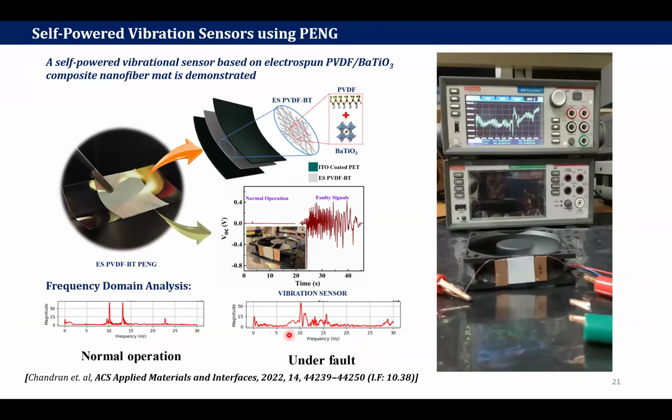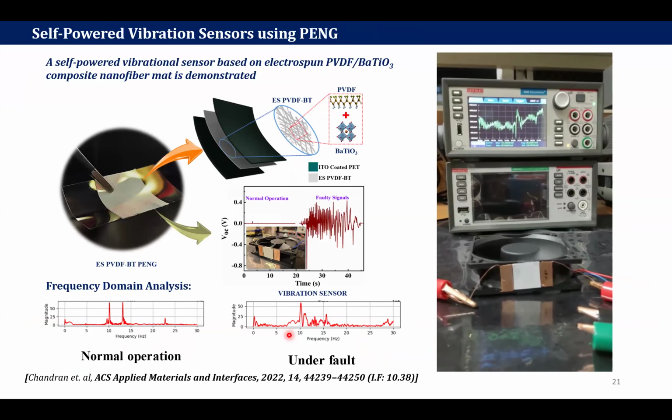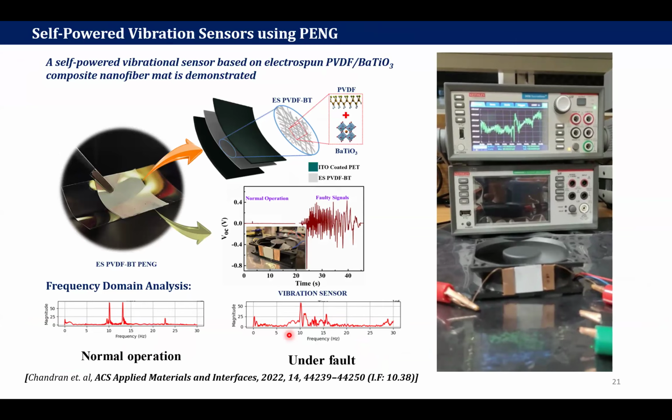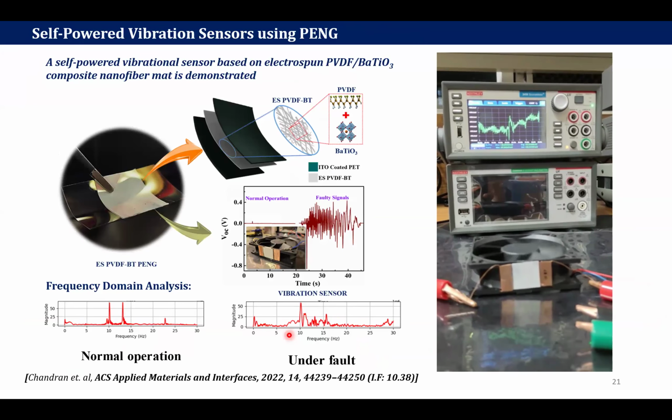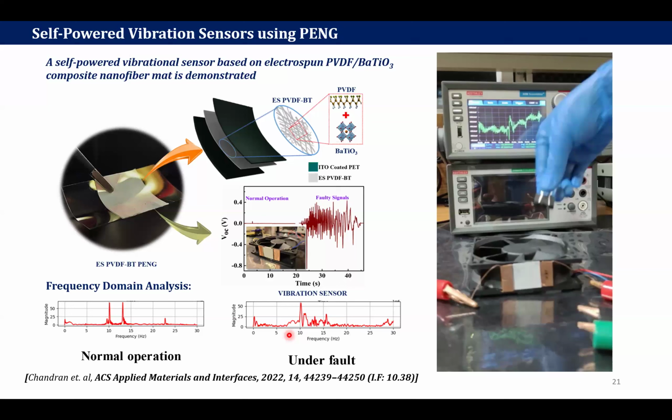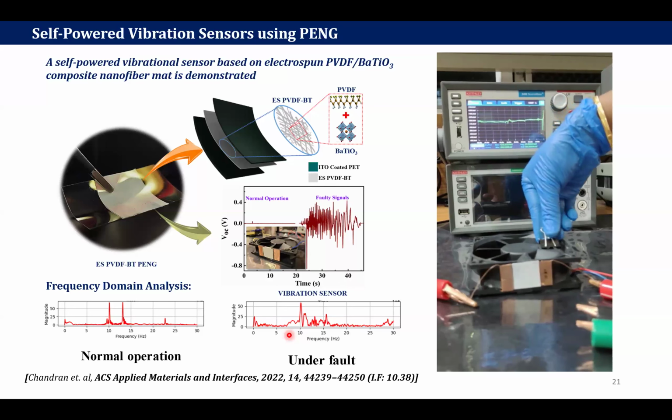So we also develop various kinds of vibrational sensors, especially piezoelectric nanogenerator based vibrational sensors. A self-powered vibrational sensor based on electrospun PVDF barium titanate nanocomposite nanofibers is being shown here. You can see that this sensor is attached to a CPU fan, and the fan is rotating with the normal vibrations without any fault. So you are getting a particular profile.